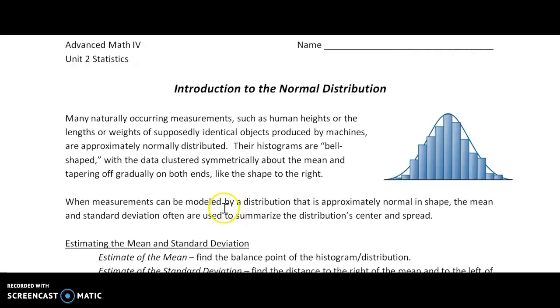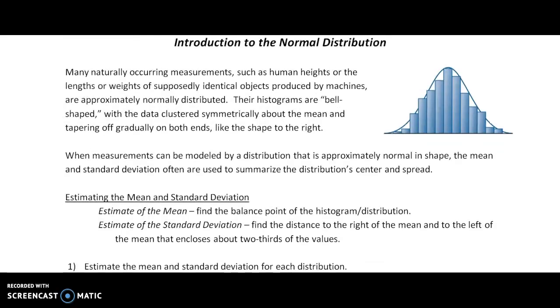When measurements can be modeled by a distribution that is approximately normal in shape, the mean and standard deviation are often used to summarize this distribution's center and spread. So the mean will represent the center, and then the spread, I talked about that yesterday when we defined standard deviation. Just a reminder, the formal definition of standard deviation is how much the data differs from the mean. So we look at the spread of the data.